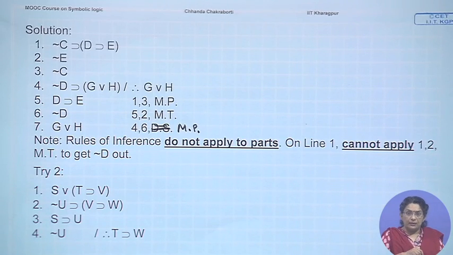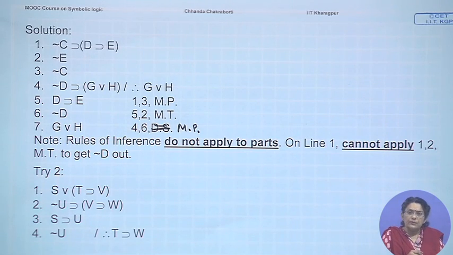So, what is required is T horseshoe W. This is where we have to reach. Where is T horseshoe W? Anywhere? Nowhere it is given. Is there a chance to get T horseshoe W anywhere? Can you see that? Can you spot that? Look at your premises. Those are your friends.